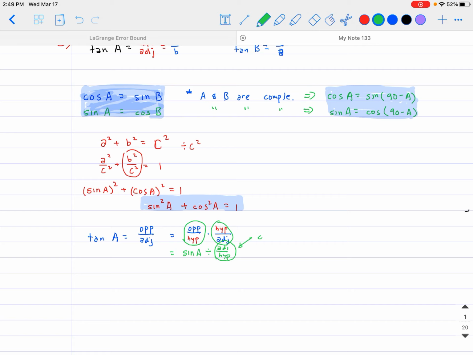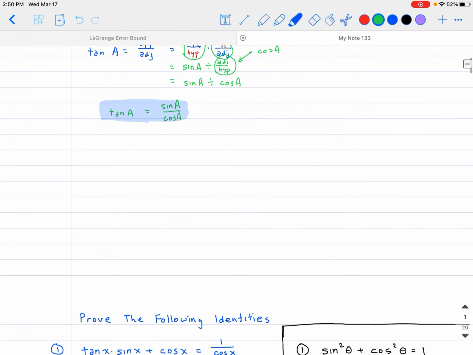That right there is the cosine of an angle. So then that means that tangent, we can actually write as sine of A divided by the cosine of A. And that right there is going to be our third identity. Okay, so here it is, sine over cosine of A. All right, so I'm going to go ahead and highlight all of these guys right here. Okay, and let's see what we can actually do with all of these identities that we just proved over here.